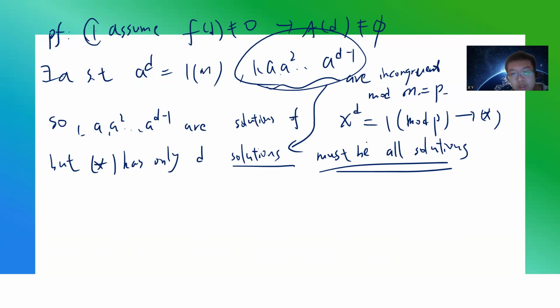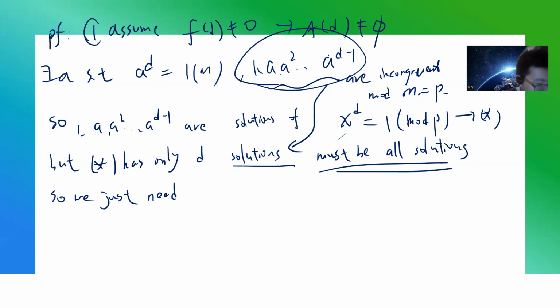All the solutions of x to the d equals 1 mod p must be generated by these. Right, so there is no other number from 1 to p minus 1 that satisfies x to the d equals 1 mod p. So all these solutions must be generated by that single a.